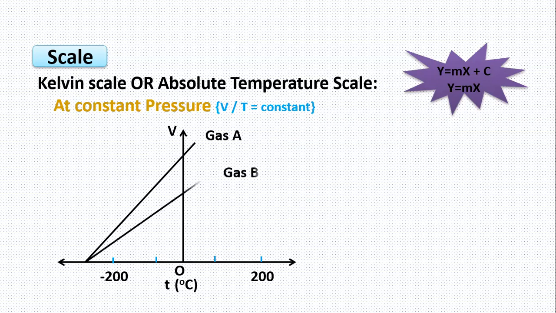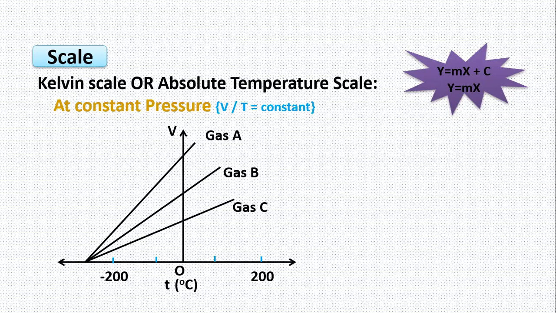Now for a particular gas A, what we observe here is when it cuts the y-axis, we are getting temperature at 0 degrees Celsius, but volume is not 0. For gas B also, temperature is 0 degrees Celsius, but volume is not 0. And for gas C also, temperature is 0, but volume is not 0.